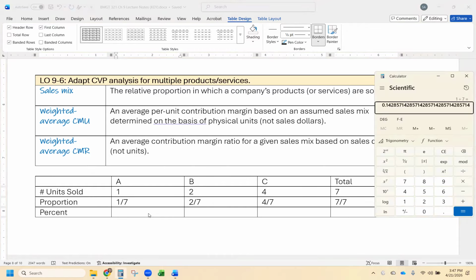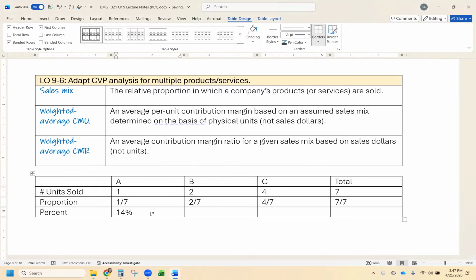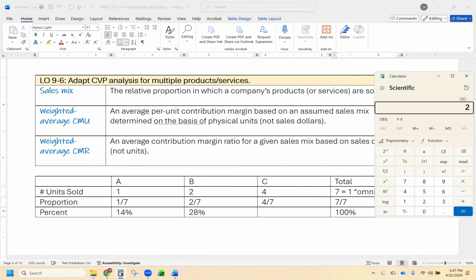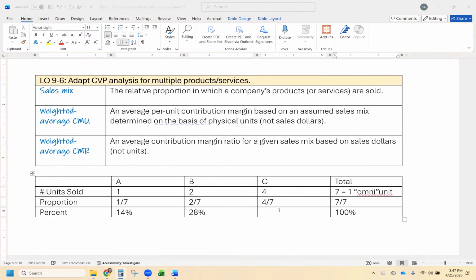Then I have to do a little bit of math. 1 divided by 7 is 14%. 2 divided by 7 is going to be 28%. And then they have to add up to 100. So I'll do 100 minus 28 minus 14, so 58.